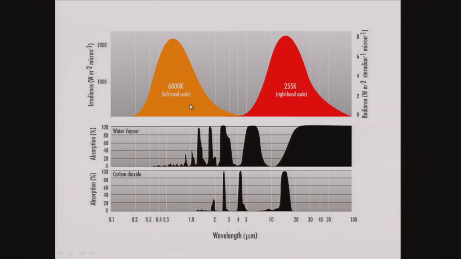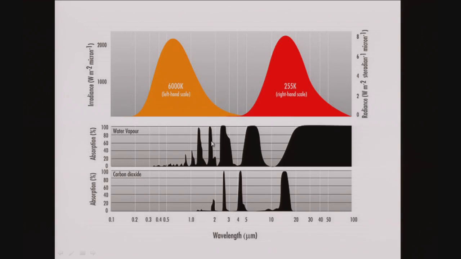So what happens then is we think about the short waves coming through the atmosphere, which is fairly transparent to the short waves, and then being absorbed by the Earth, increasing the temperature of the Earth, and the Earth itself emitting the long wave radiation, which can then be absorbed in the atmosphere by these different molecules.